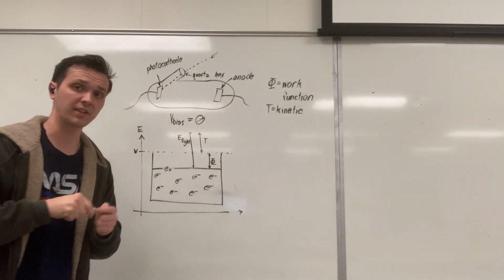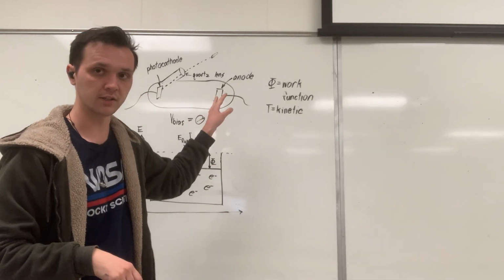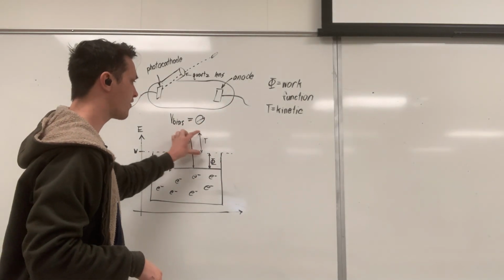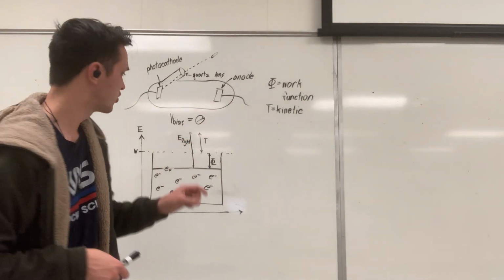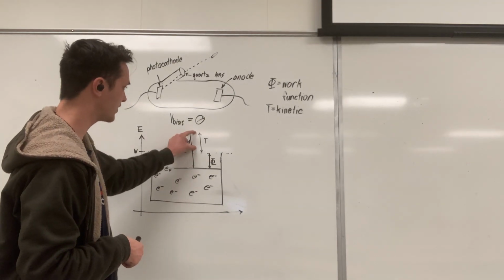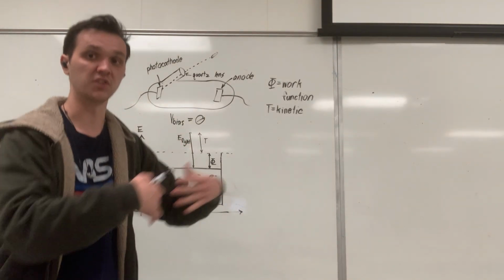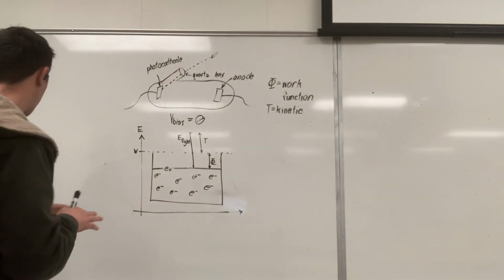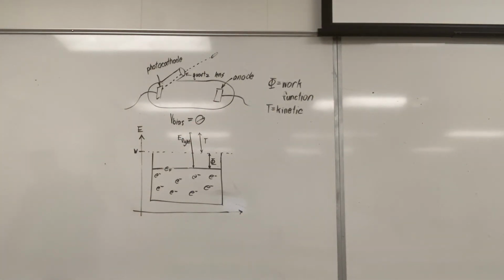So it's escaped the lattice now. It's traveling through the evacuated glass chamber with an energy of whatever it has left over. So it used this to escape the lattice, and all of the rest goes into the speed of the electron as it's traveling through the evacuated glass chamber.